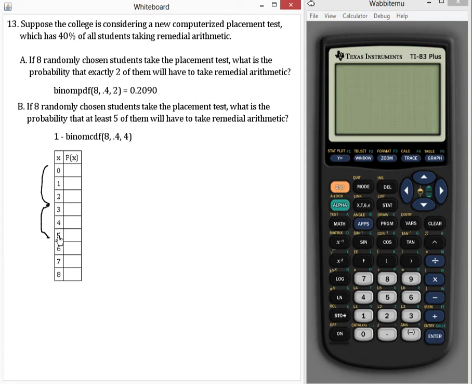So it adds all those probabilities together. The problem here is I want at least 5. That would start with 5 and go higher than that. Now, if I just do 1 minus Binomcdf 8, 0.4, 5, then that's going to give me the sum from 6, 7, and 8, because that's going to be the complement of this sum right here.